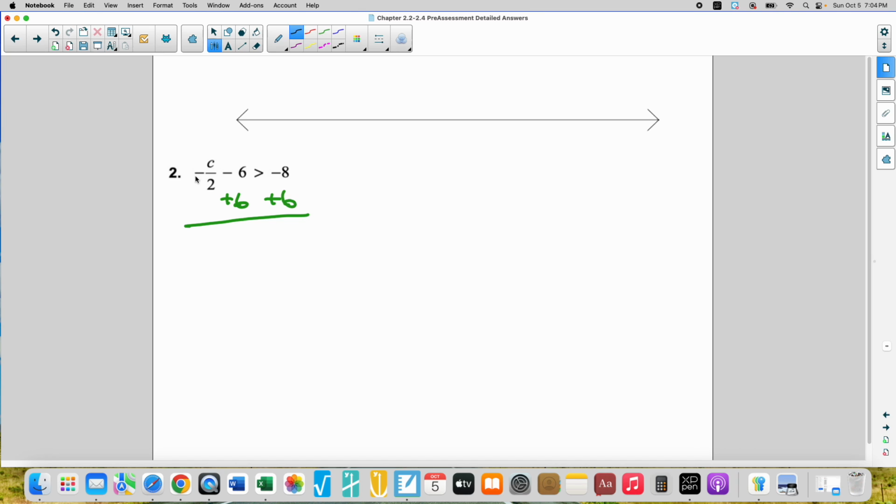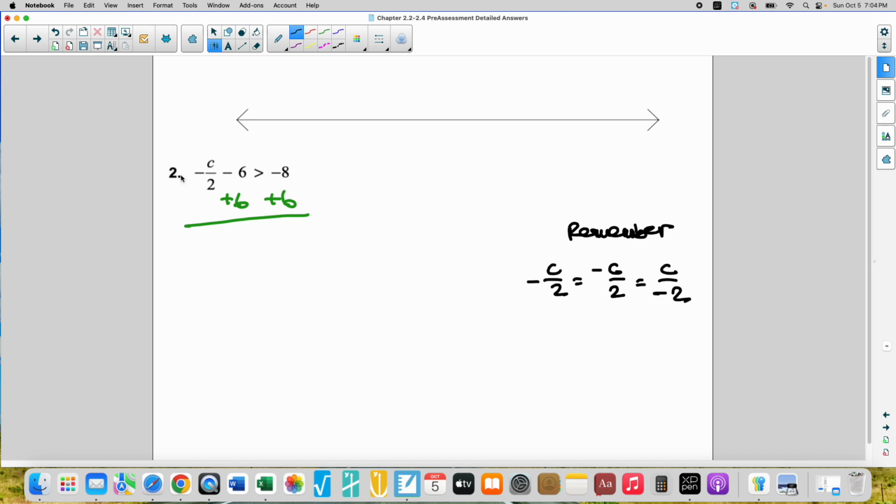This negative, let's remember something. Remember that -c over 2, let's put that negative where we want it to be. We want it right there; this is the same as this, which is the same as this.